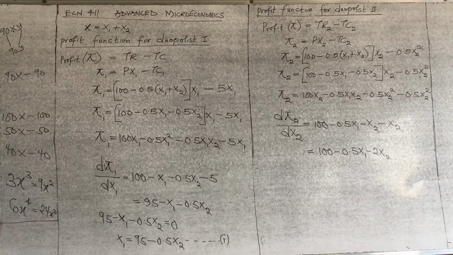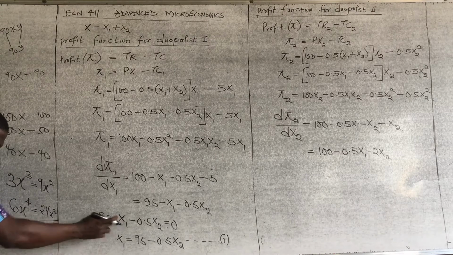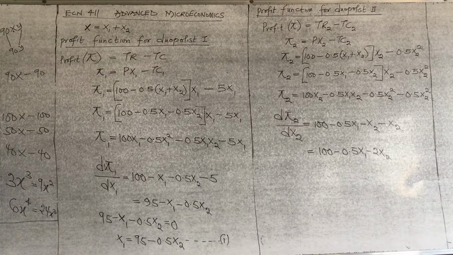Okay, see what I do. If you leave, you know that 95 minus x1 minus 0.5x2 equals 0. If I leave minus x1 here, then I now take 95 here, that's when you change to minus.